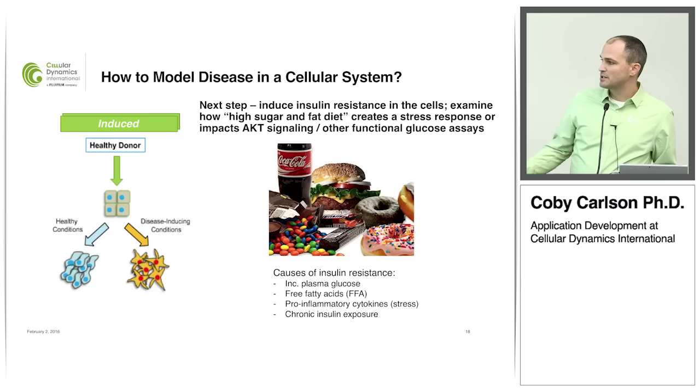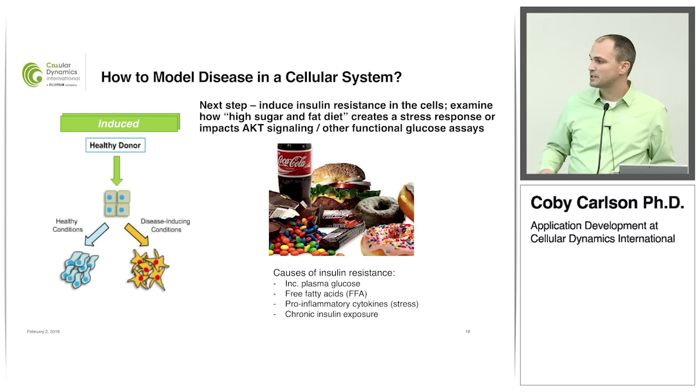And so some potential causes for insulin resistance, sure, you've got high concentrations of plasma glucose, elevated free fatty acids, stresses and reactive oxygen species and pro-inflammatory cytokines, or even just chronic insulin exposure, right? Your pancreas is working overtime. And so there's a lot of different things that can do this.